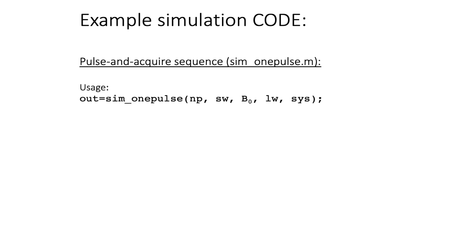The very simplest pulse sequence in the list is called the pulse and acquire sequence, or sim_1pulse. And to use this sequence, you need to supply the number of points you want in your spectrum, the spectral width, the magnetic field strength, the line width of the desired spectrum at the end, and the spin system that you want to simulate.